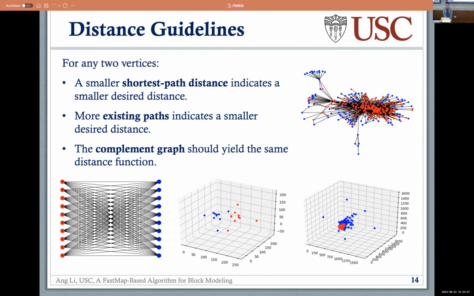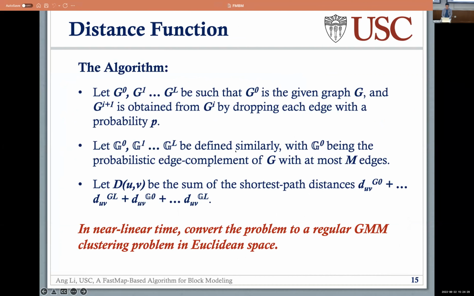And here is the high-level idea of the distance function we designed to satisfy the three guidelines I mentioned just now. First, we generate subgraphs of the original graph G by dropping edges with probability P. Second, we also generate the complement graph of G, and then do the same procedure as in the first step.